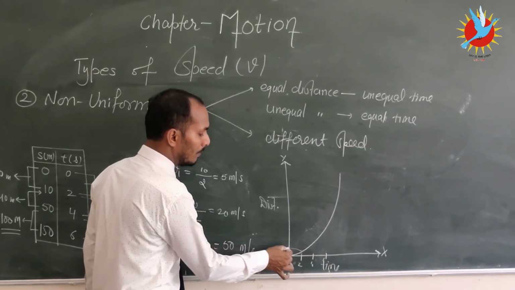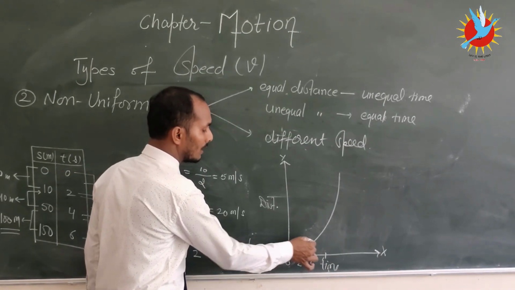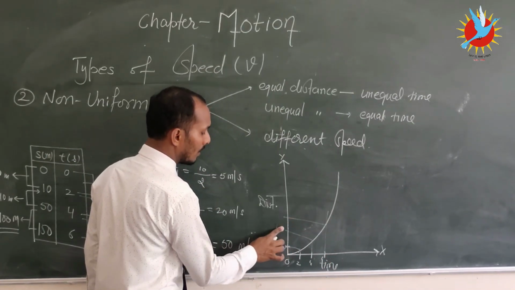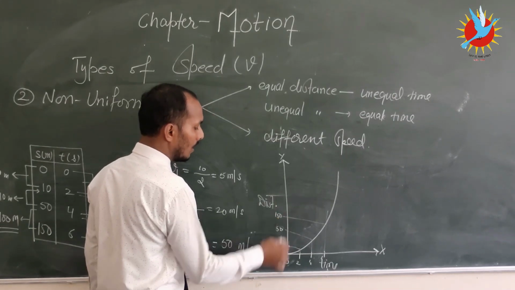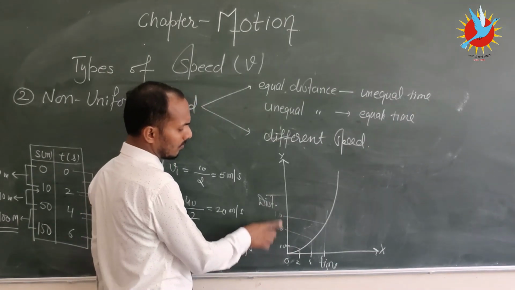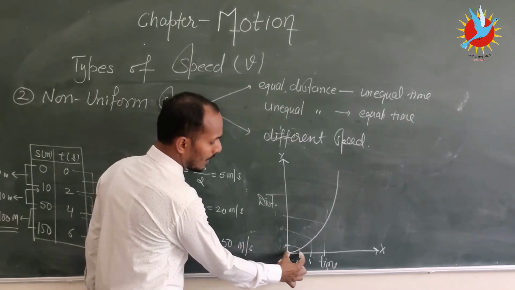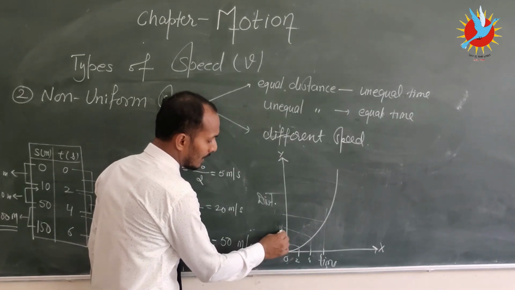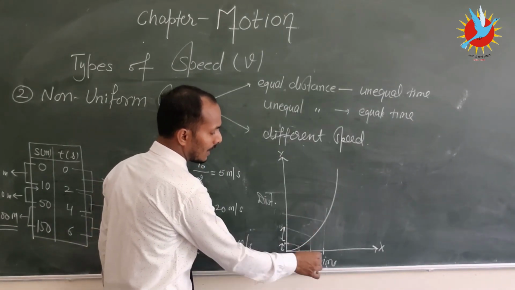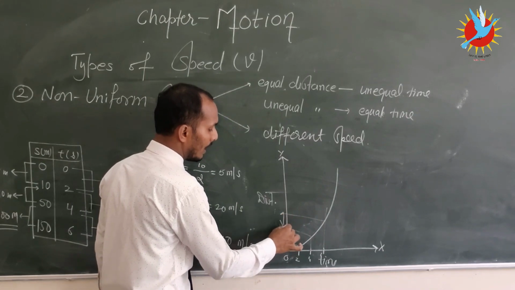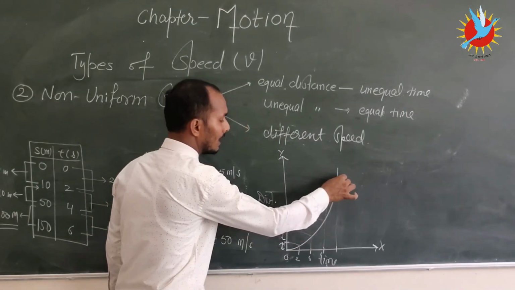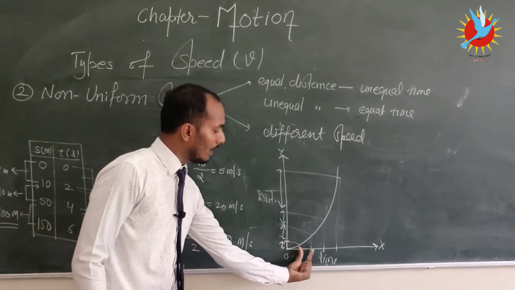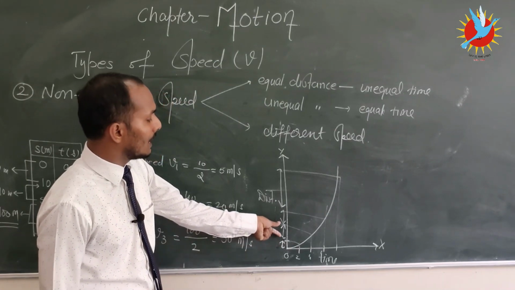The distances are 10, then 40, 50, 100, 150. In equal intervals of time, the distance covered keeps increasing. So in equal intervals of time, the body covers unequal distances.